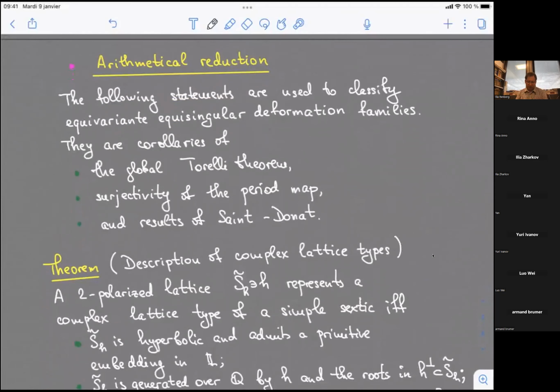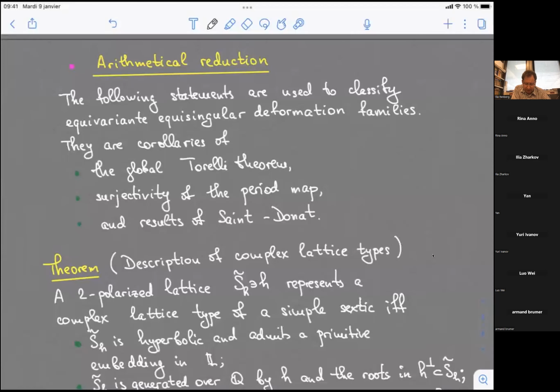It's more or less as always when one uses this machinery of K3 surfaces. There is a kind of arithmetical reduction. One can try to reduce our initial geometric problem to an arithmetic one, arithmetic meaning arithmetic of lattices.